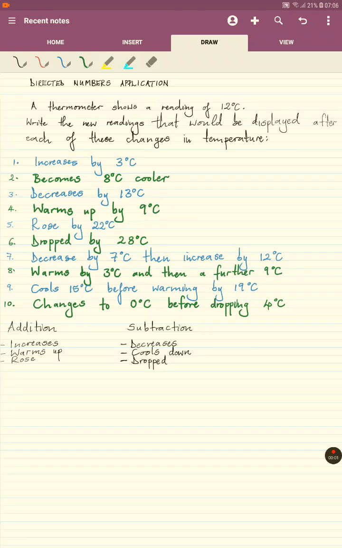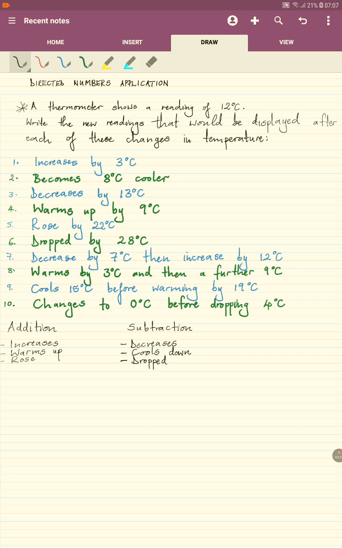Welcome to another lesson where we are going to be talking about directed numbers application. The question reads, a thermometer shows a reading of 12 degrees Celsius. Write the new readings that would be displayed after each of these changes in temperature.